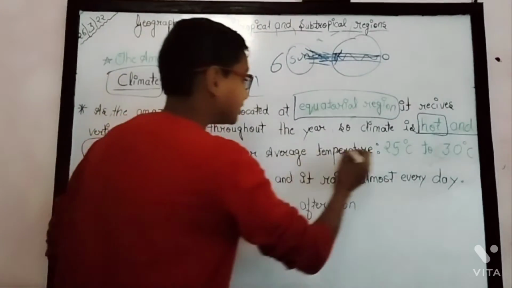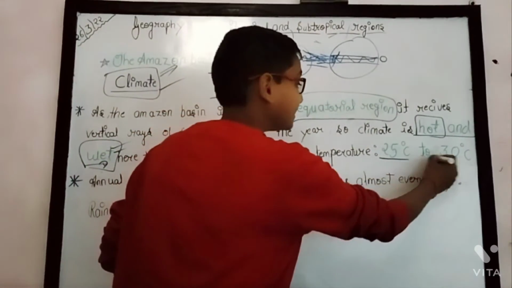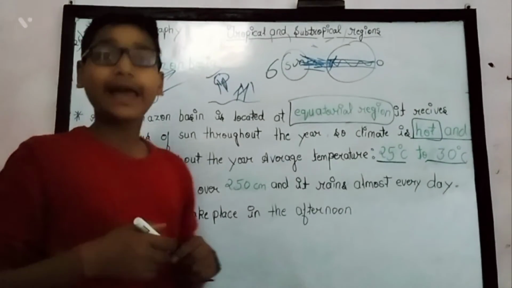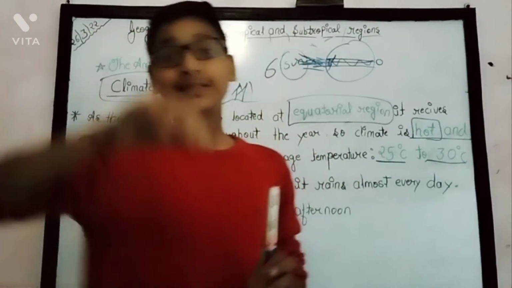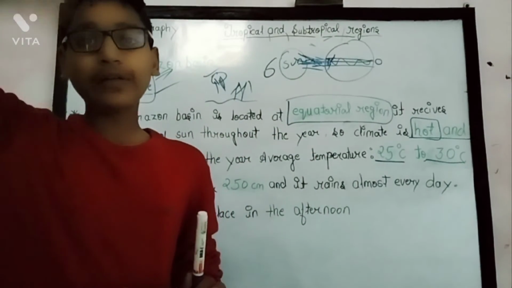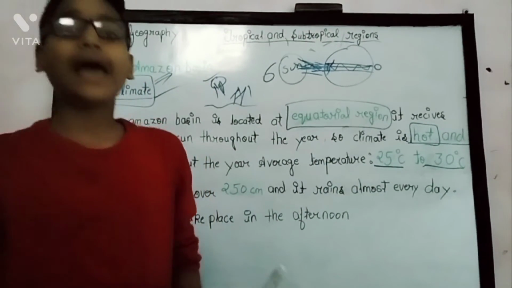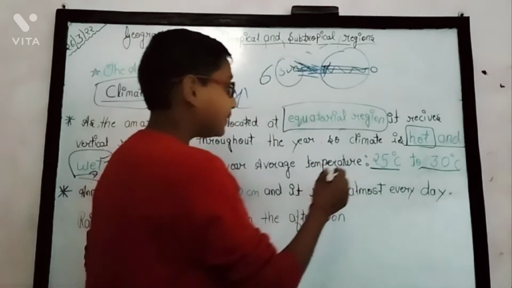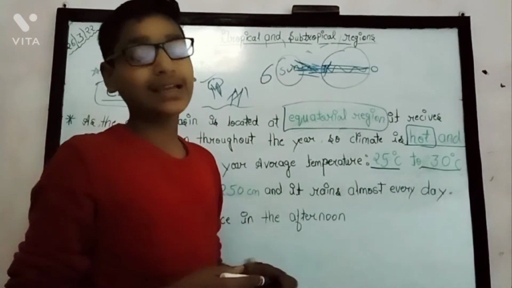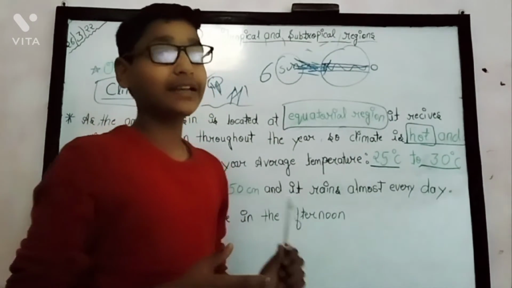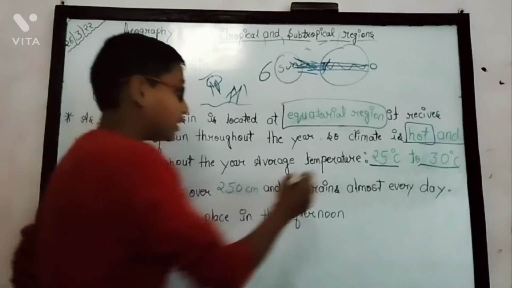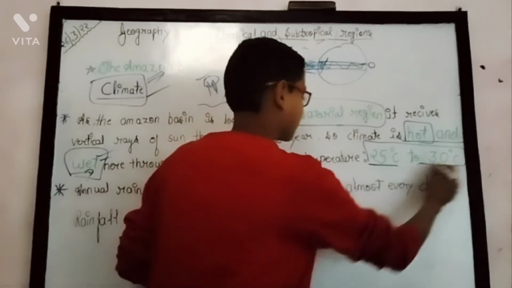Throughout the year, the average temperature is 25 degrees Celsius to 30 degrees Celsius. The temperature goes up and down, but the average temperature that remains most of the time in the year is 25 to 30 degrees Celsius.